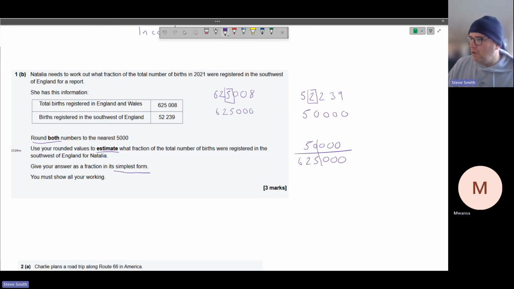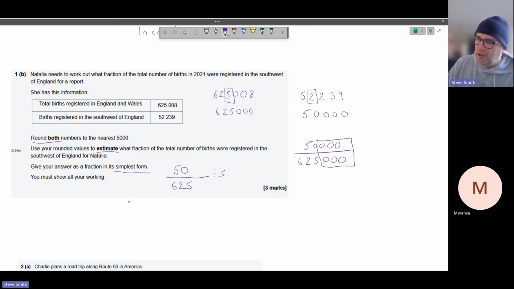We're getting rid of all that, we don't need that. So we've now got 50 over 625. We've shrunk it. And then we can see that if you divide by 5, it has to end in a 0 or a 5, so they both definitely divide by 5.